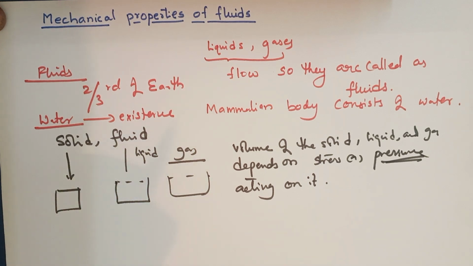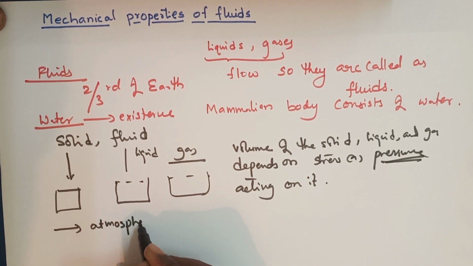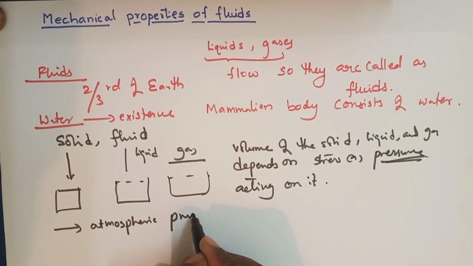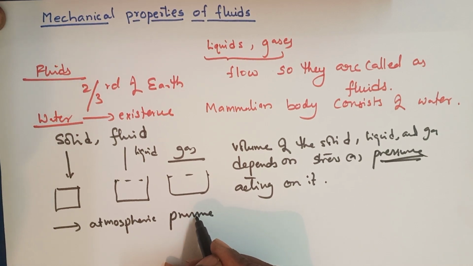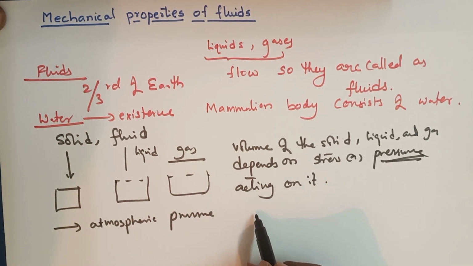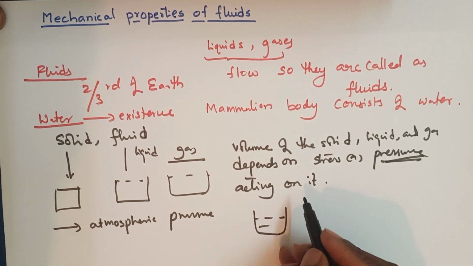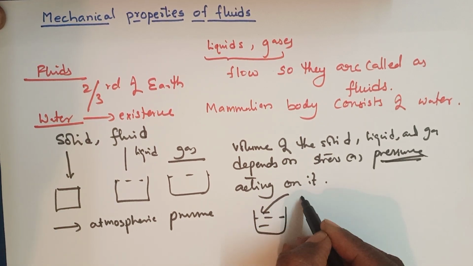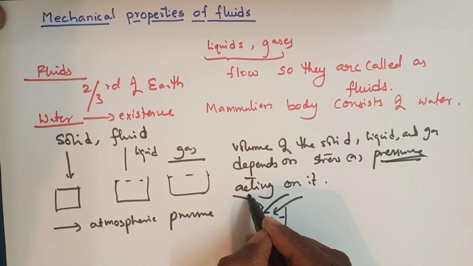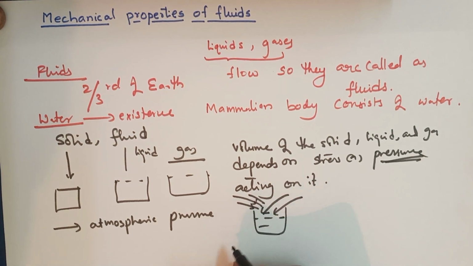Basically, when we talk about liquid or fluid, mainly we observe atmospheric pressure, or simply pressure. Suppose you pour water and place it in an open environment, there is atmospheric pressure acting. So the atmosphere has pressure which is acting.